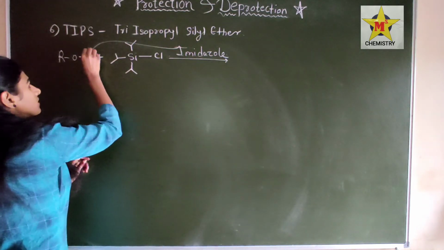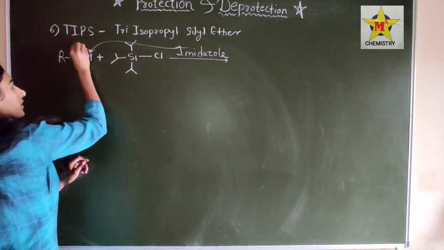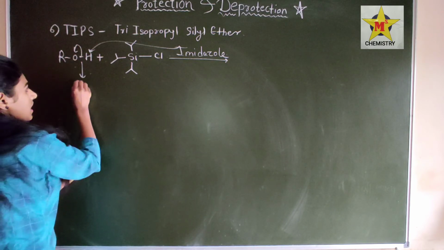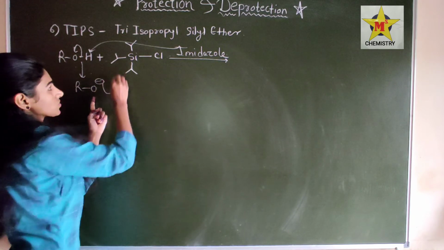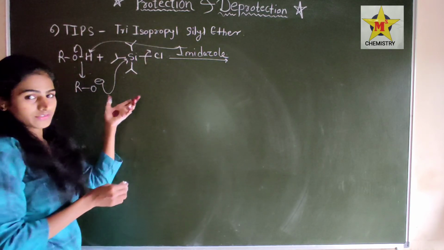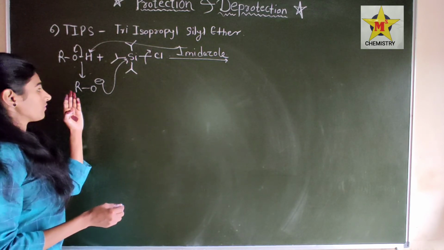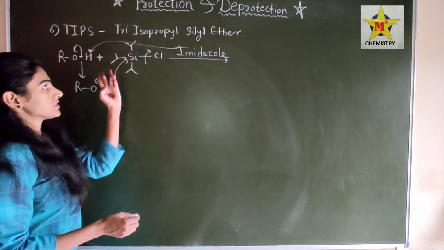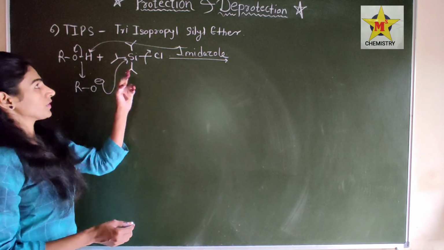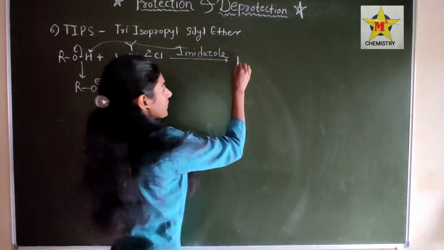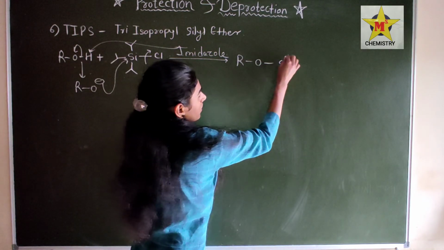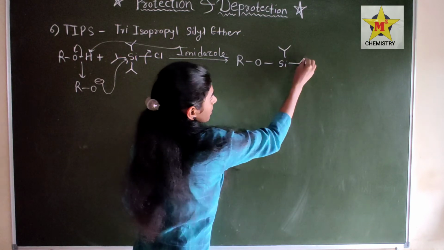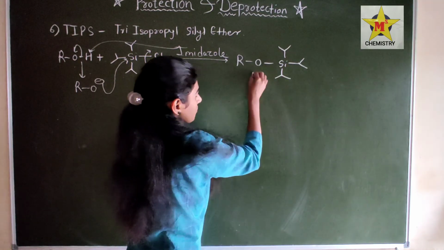This will abstract this hydrogen atom and it will become RO minus. This O minus will attack the silicon atom and chlorine will depart, and RO-Si with the triisopropyl groups is formed.